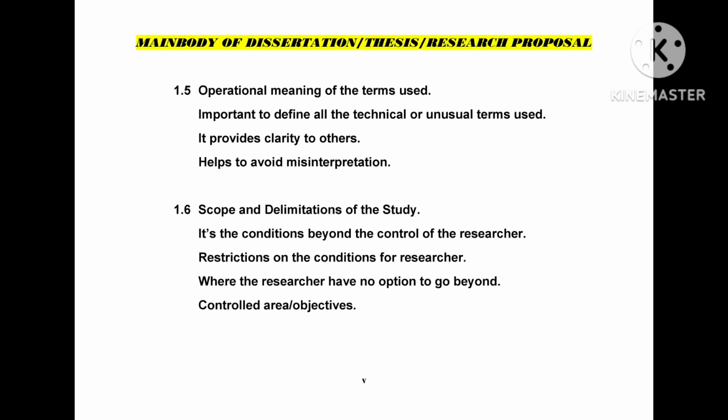It may be achievement of the students, achievement of the shopkeepers, achievement of a doctor, achievement of a teacher, or it may be financial achievement, it may be any other achievement. So we have to exactly state and mention here. It gives clarity. To avoid misinterpretation, we must mention here the operational meaning of the terms.